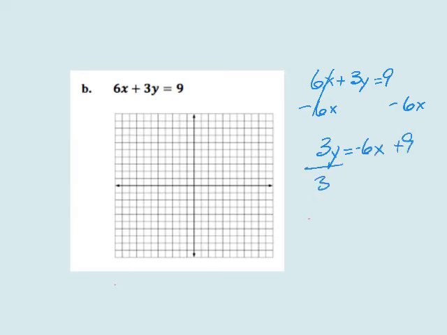Divide both sides by 3, and you've got y equals negative 2x plus 3. I guess it's not dumb after all. It's not too hard to do 3 and then down 2 over 1, down 2 over 1. But I really do like the intercepts method because it seems so much more straightforward. And if I have something very simple that I'm doing, I'm less likely to make a mistake.